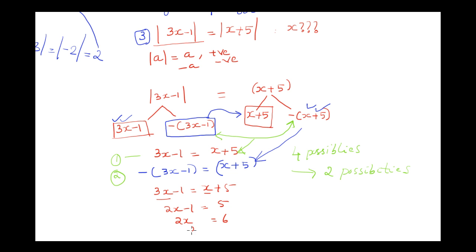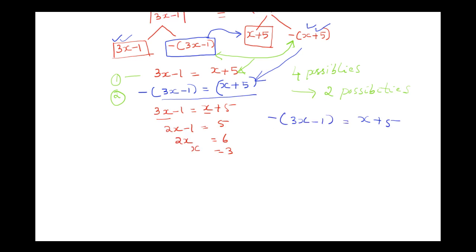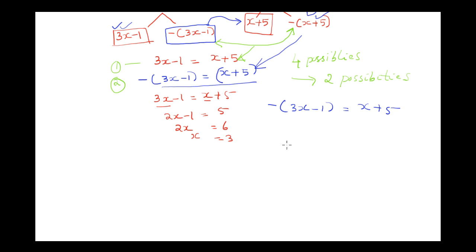Now from the other equation, minus of 3x minus 1 equal to x plus 5, first you open this bracket, so we get minus 3x, then negative into negative becomes positive, so plus 1 equal to x plus 5.